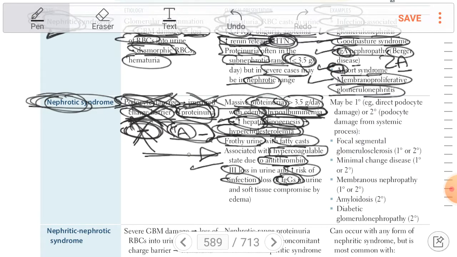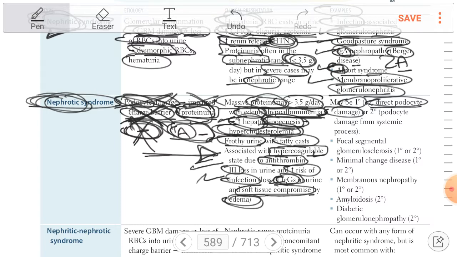So this is so important: loss of antithrombin 3 leading to hypercoagulability, loss of immunoglobulin G leading to increased risk of infection, and of course soft tissue compromised by what? By the edema, because there is severe proteinuria, severe loss, decrease in oncotic pressure leading to edema. So soft tissue compromised by edema.